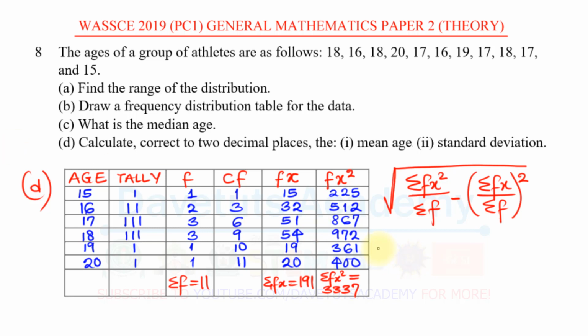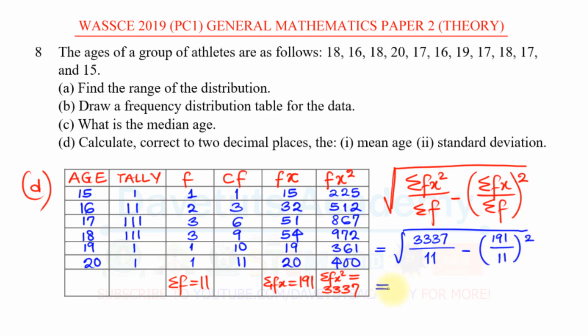Now if you want to put in all these values, we can do it straight. This is sigma fx squared, that is 3337 over sigma f, that is 11, minus, now the danger is that you want to use the approximated value that you got for the mean initially. Whenever you are working like this, don't put in the approximated value, put in the entries again. So what is sigma fx? That is 191 over sigma f, 11, all squared.